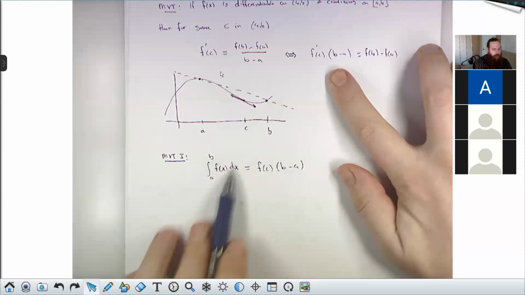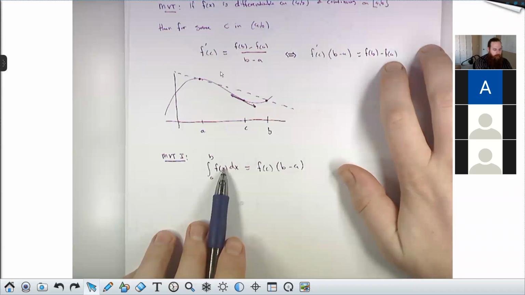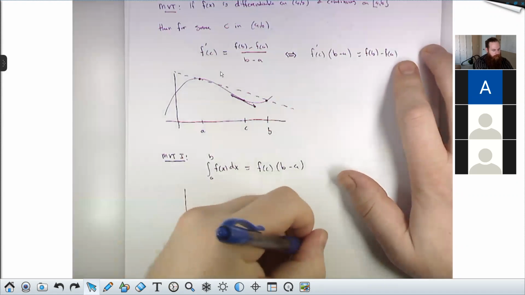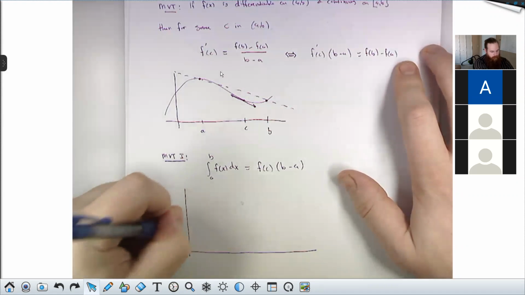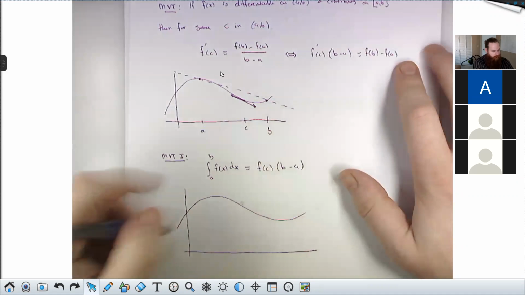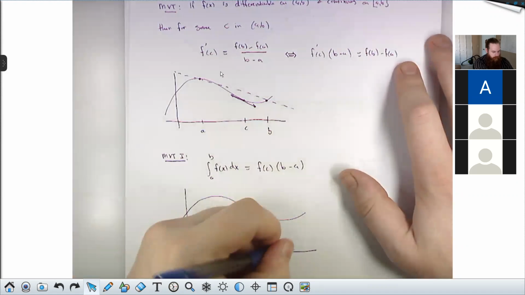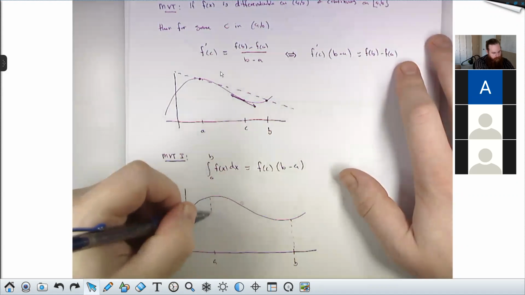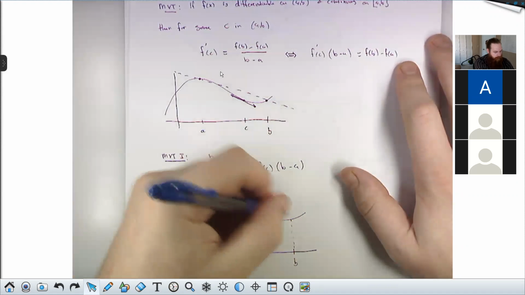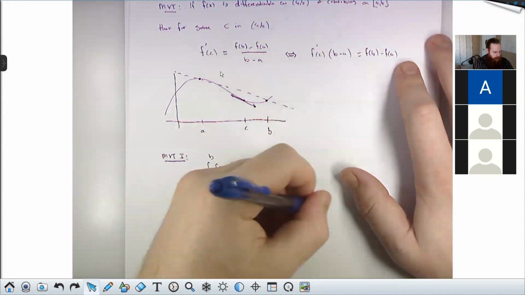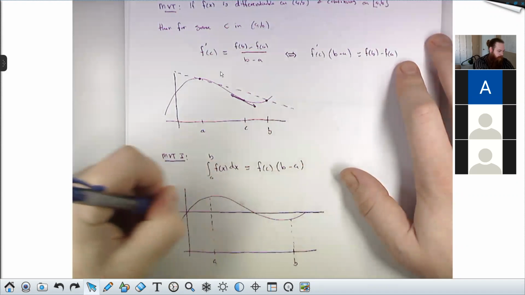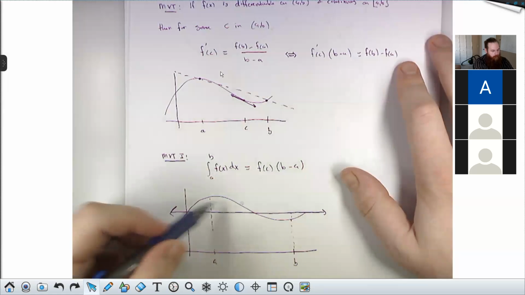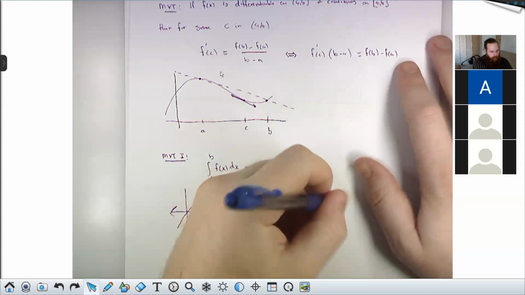If you were to differentiate through this, you would get this. And here the geometric interpretation is that you can find a constant where the height of that constant is such that the area enclosed in this rectangle is the same as the area bounded by the curve.